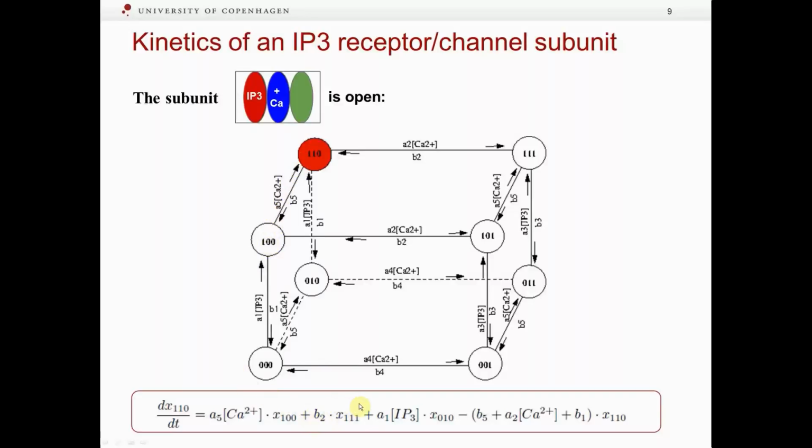The second term here denotes the situation where calcium is lost from the inactivating site, whereas the third term here denotes the situation where calcium is already bound to the activating site, but now there is an additional binding of IP3. All the processes leading in the opposite direction away from this state are then given by the fourth term here.